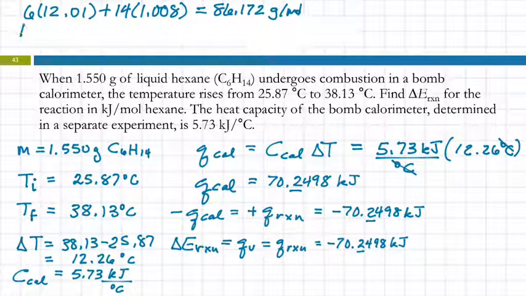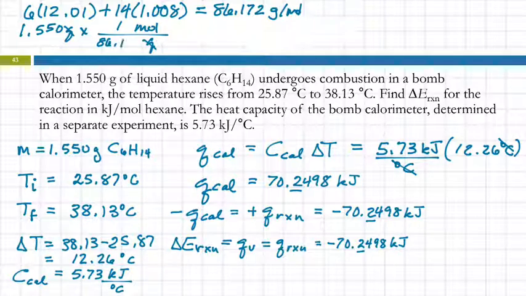So if I've got 1.550 grams of hexane, I could multiply, so I've got moles on top and grams on the bottom because I want the grams to go away. 1 mole of hexane weighs 86.172 grams. That gives 0.0179872 moles.